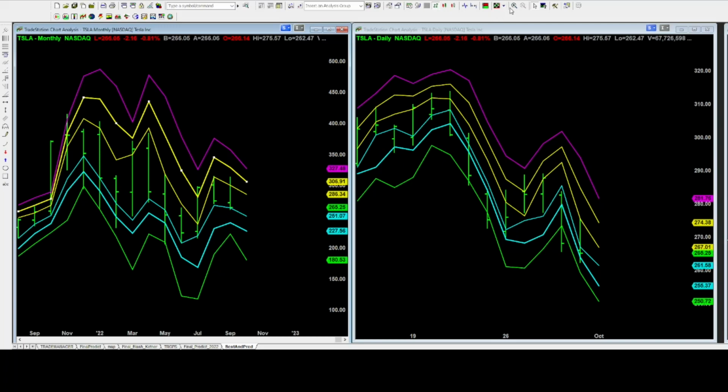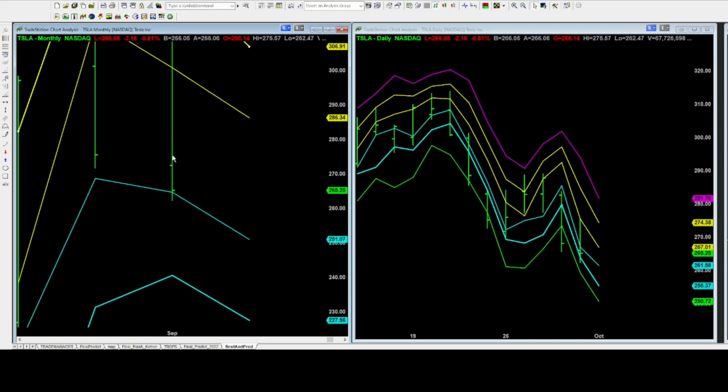And if I zoom it out, you see when the stock price dropped a little bit below this trend line, that's a monthly chart, and then it started to rebound to go up a little bit. The closing price for last month, September, is closed a little bit above this trend line.